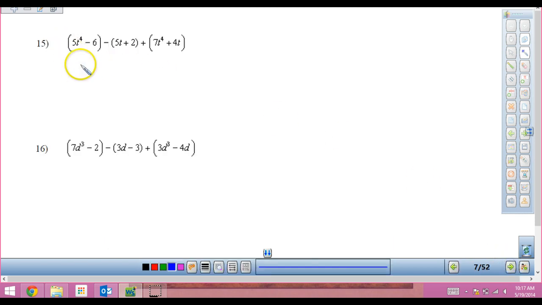Alright, so now we can combine like terms again. We've got 5t to the 4th. Look at what's in front of your parentheses, so plus 7t to the 4th gives us 12t to the 4th. Our next highest exponent is just a t, so be careful here. This is going to be a negative 5t plus 4t is just going to give us a negative 1t.